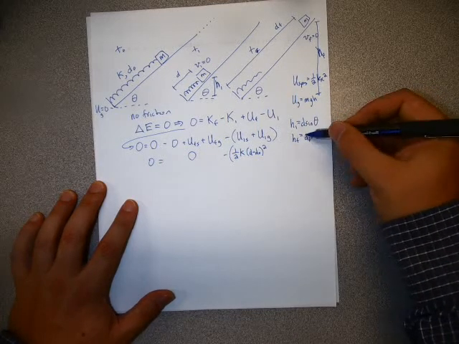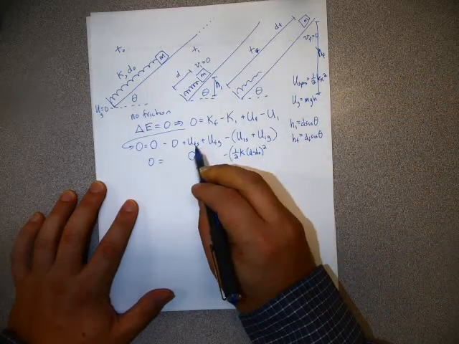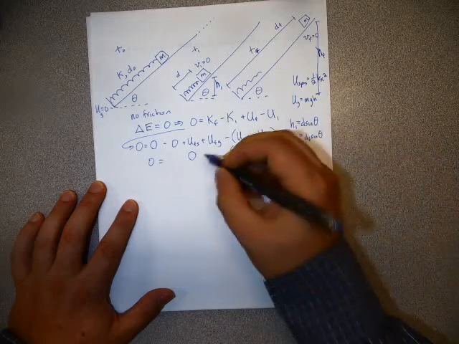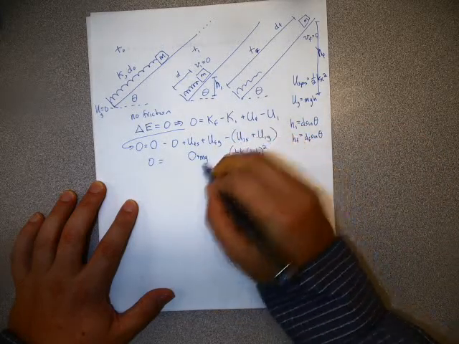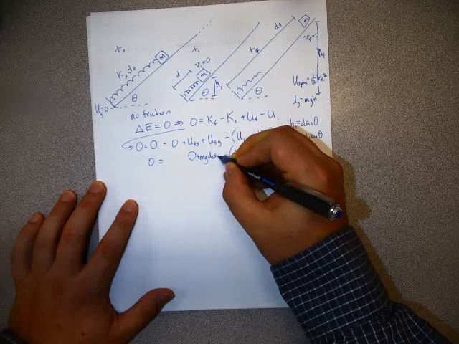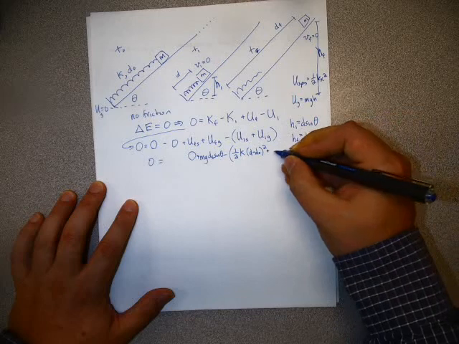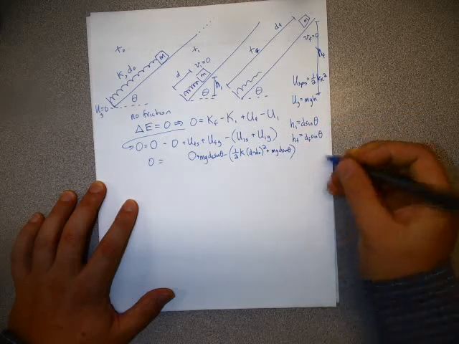So those are the two h's that go into the mgh. So the final gravitational potential energy is mg d final sine theta, and the initial here is mg d sine theta.